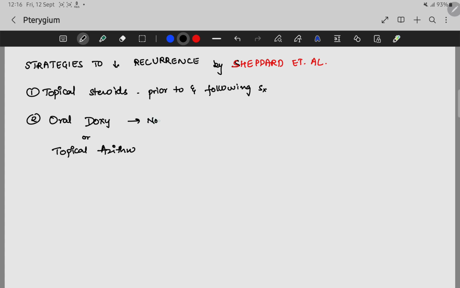Because along with being an antibiotic, it has non-antimicrobial effects. So what are these other effects? It has anti-inflammatory and anti-collagenase properties.